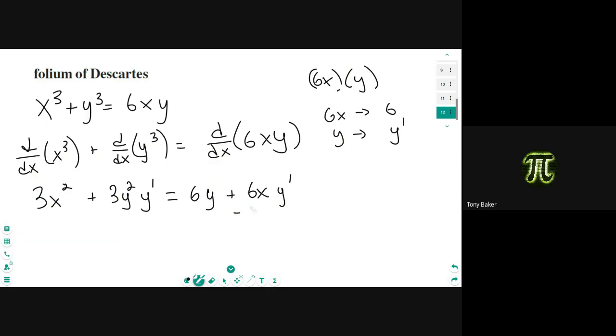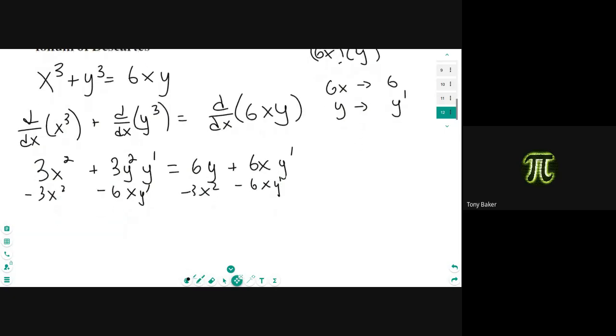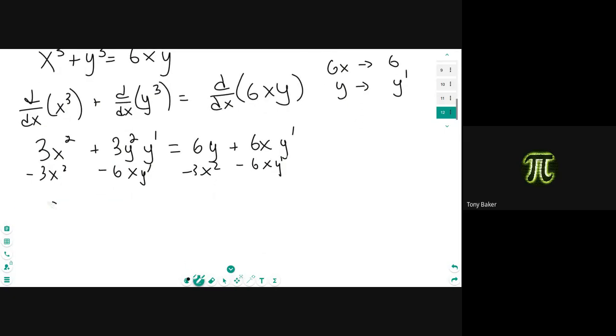So let's move this over here. And we'll move the 3x squared over to the other side. So I have 3y squared y prime minus 6xy prime equals 6y minus 3x squared.